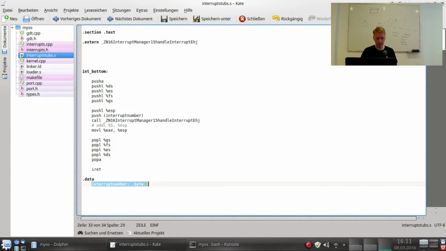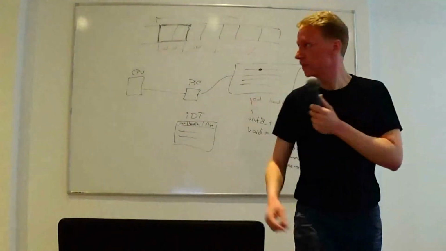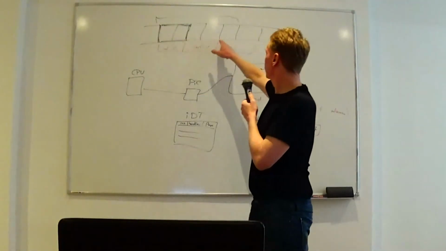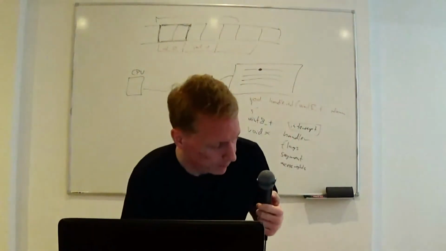So what we haven't done yet is we haven't set the interrupt number to anything yet. And we don't actually have different jump labels for different interrupts yet, right?